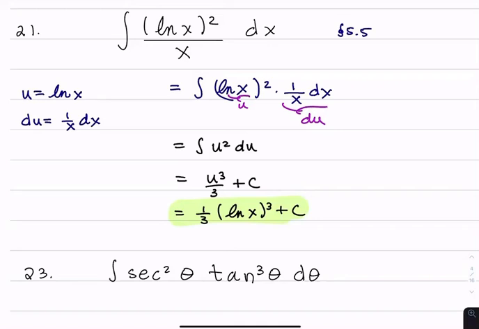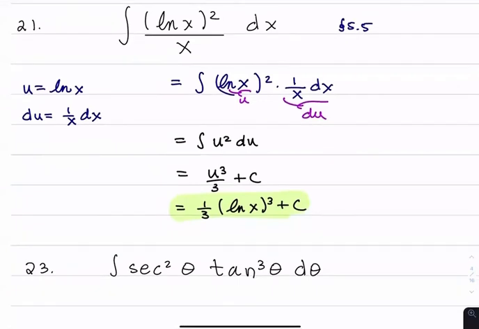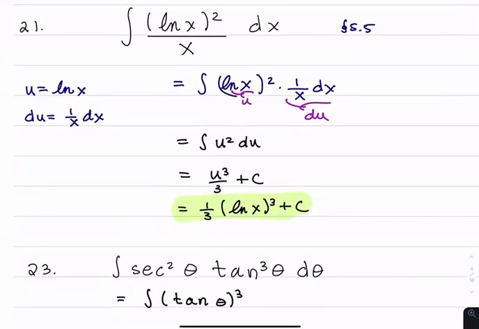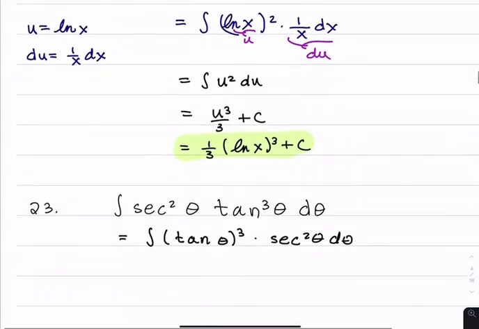The key is often when you're trying to decide what u is, you think ahead and start thinking, hold on, what will du be? So sometimes you can work ahead by thinking of what u should be. And what stands out in this integral, problem number 23, the integral of secant squared theta times tangent theta to the third power, is, hold on, isn't secant squared theta the derivative of one of the trig functions?